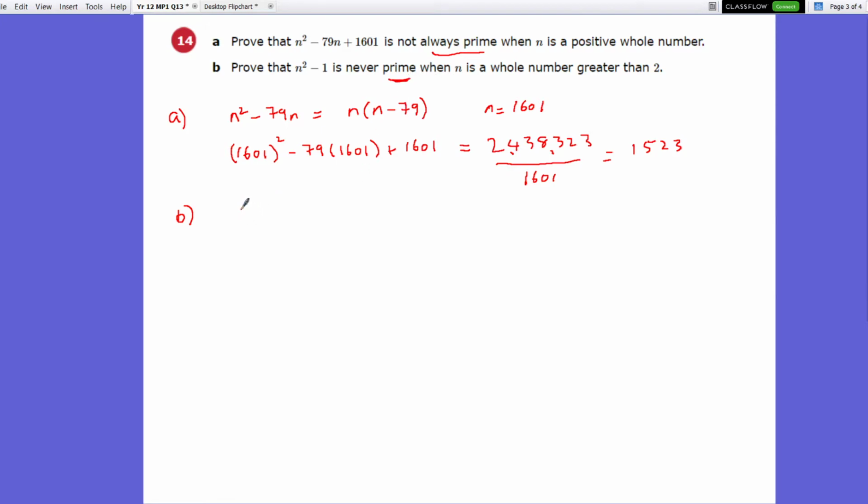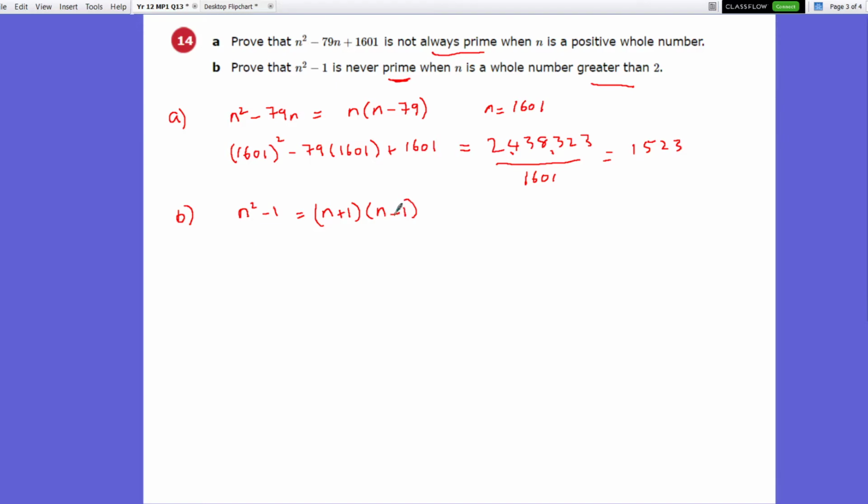So straight away, n squared minus 1 is a difference of two squares, and I can write that as n plus 1 times n minus 1, and we're saying any n greater than 2.